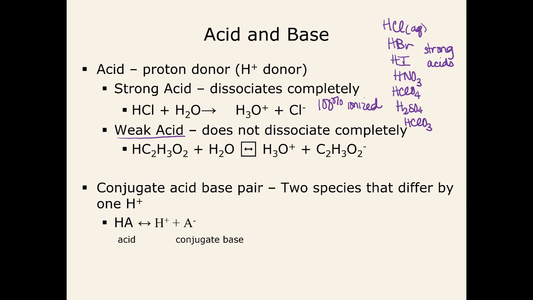The blanket statement would be less than 10% ionized, but it really depends on the concentration and which acid it is. So this is not something we can just eyeball. We can't say, oh, acetic acid's 2% ionized. This requires more information.